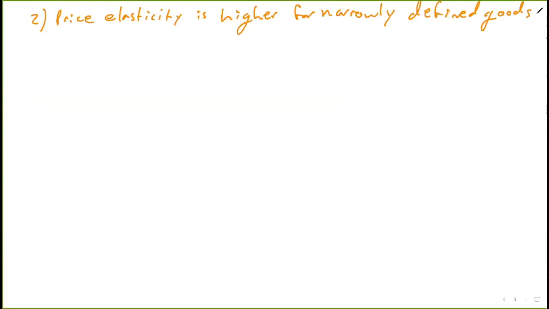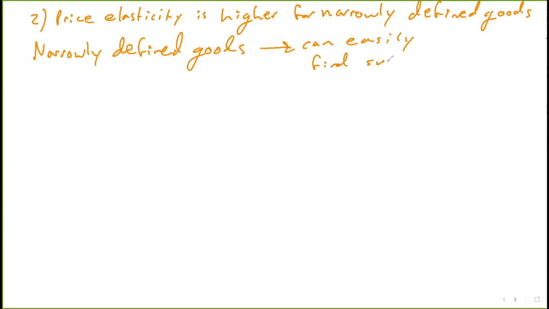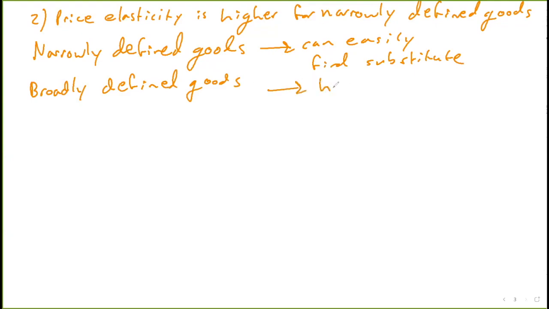So our second guiding principle is that price elasticity is higher for narrowly defined goods compared to broadly defined goods. So the intuition is that for narrowly defined goods, there are many substitutes, but for broadly defined goods, it's hard to find a good substitute.